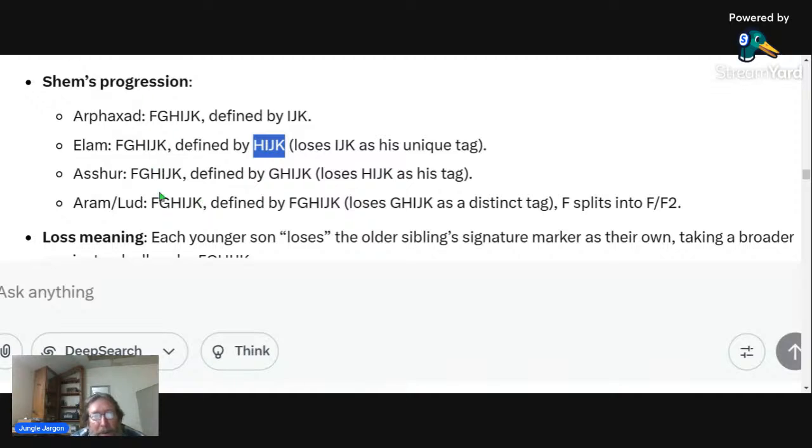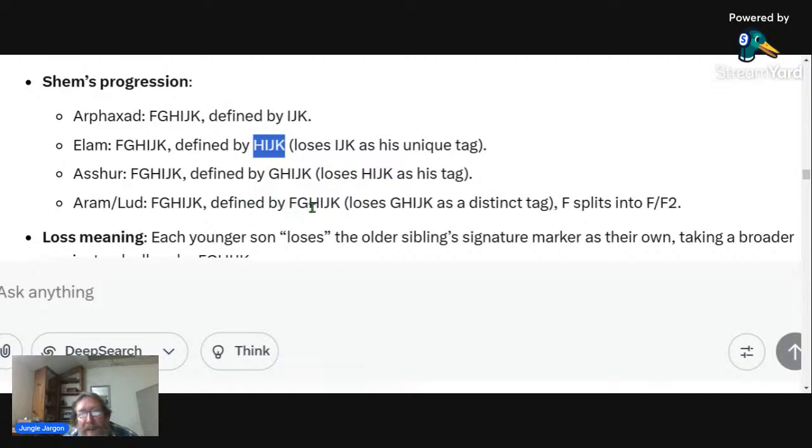They all have the marker because it goes from right to left, so that everyone has Aram's marker, but Aram doesn't have Asher's marker or Elam's marker or Arpachshad's IJK or HIJK or GHIJK.